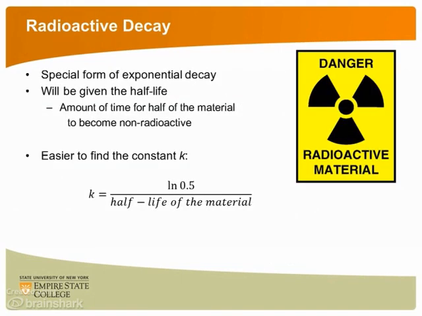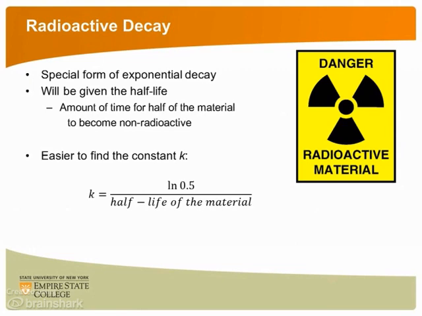A special form of exponential decay is when the diminishing quantity is radioactive. Radioactive materials naturally undergo a process in which they transform into safer materials. Each radioactive material has an associated time called the half-life, which is the amount of time required for half the radioactive material to decay into a non-radioactive form.